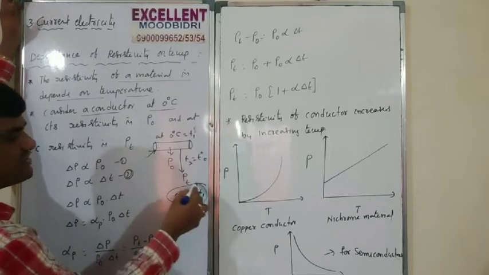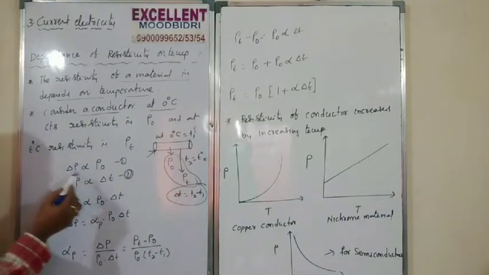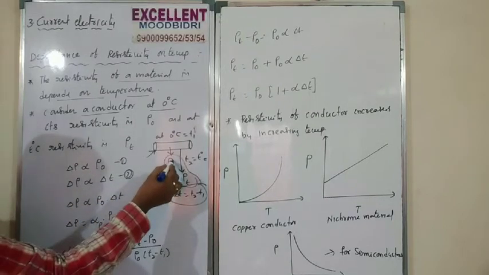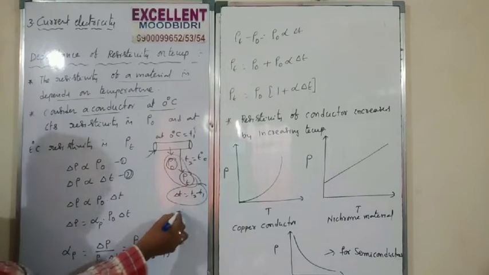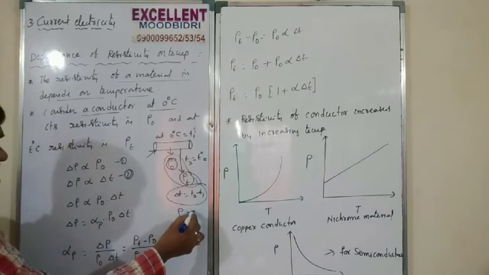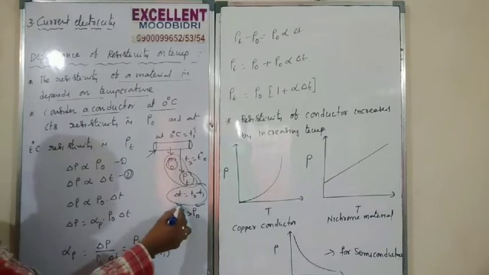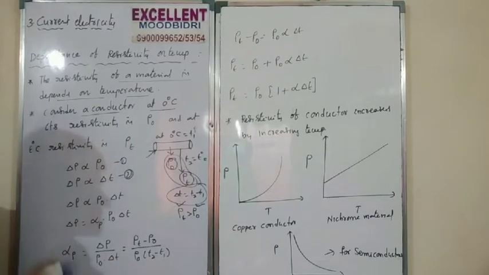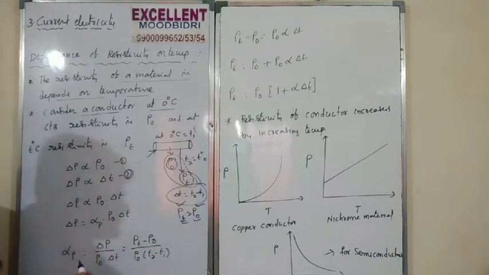This is the initial resistivity and this is the final resistivity. Rho T is greater than rho naught, because one is at 0 degrees Celsius and the other at T degrees Celsius. As the temperature increases, the resistivity also increases.